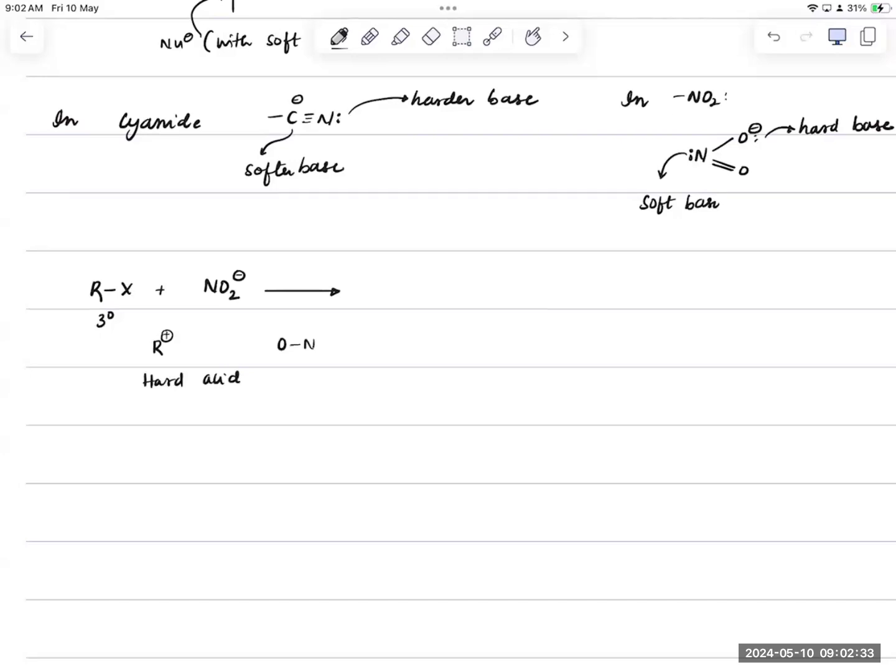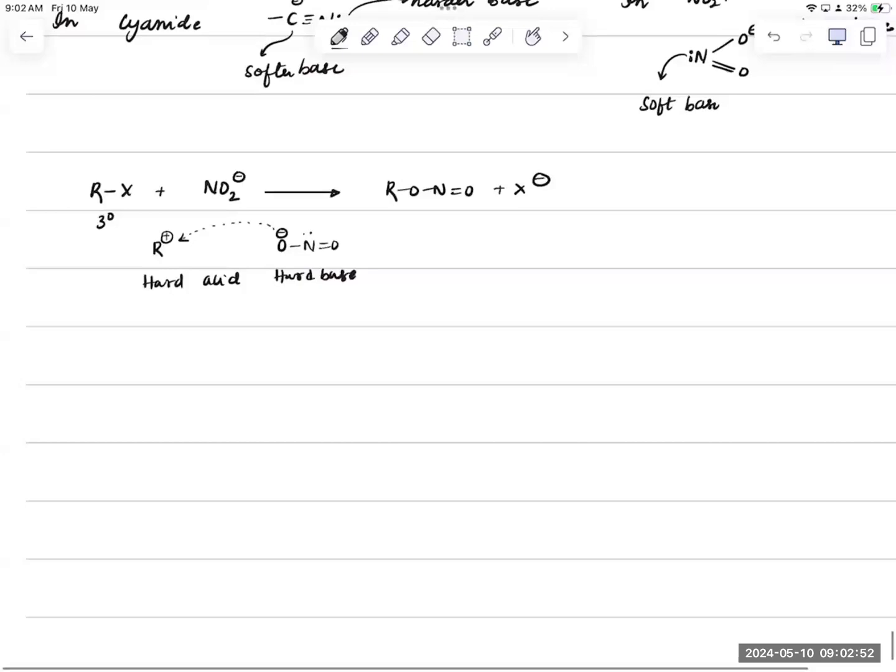And now O minus is a hard base. So this is the reaction that will happen. The product will be RONO, double bond O, plus X minus. Clear now? That's why in the case of tertiary, you'll usually see oxygen getting connected more easily. Got it?